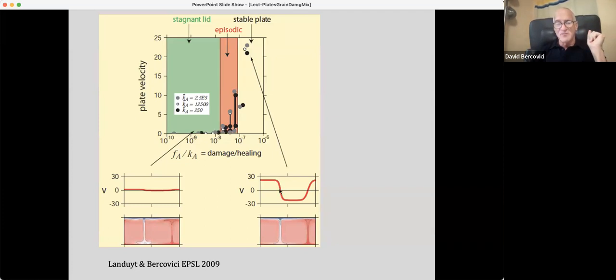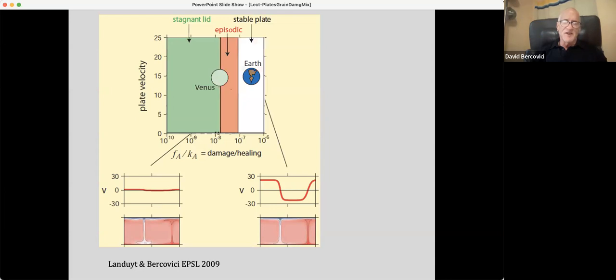So these are steep gradients in velocity. This is the surface velocity. It's moving to the right here, to the left here, and right here would be a subduction zone. Okay, it's right over a downwelling. And you see it's very narrow, and the surface velocity is allowed to move around because the damage to healing number is very high. And so you can have a weak zone develop, okay?